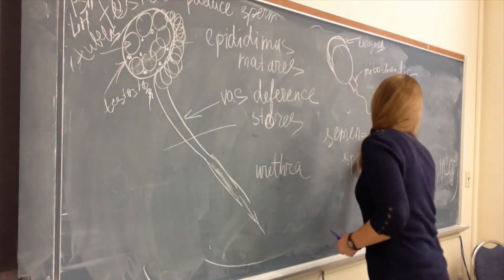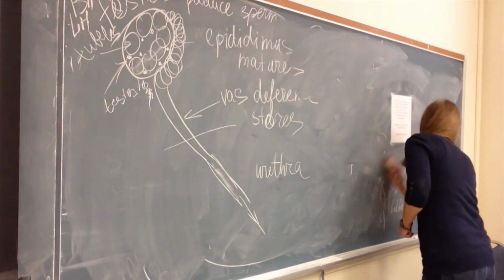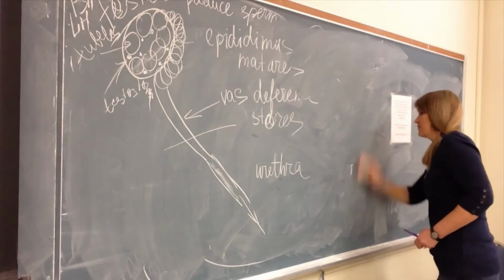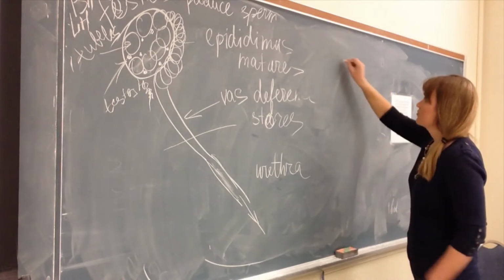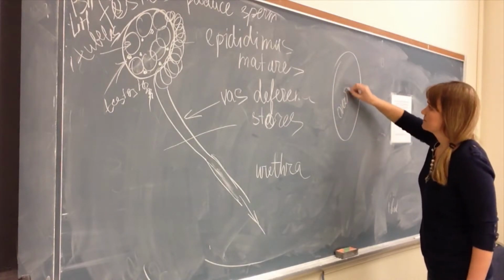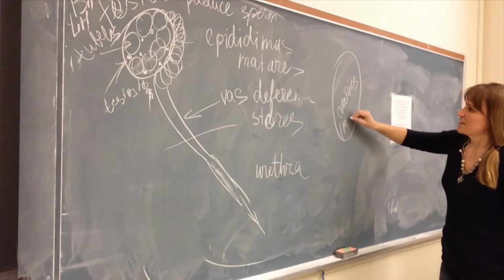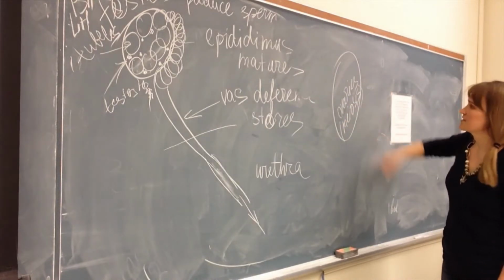Now let's look at the female reproductive system, which might look similar. Here we have ovaries. Once again, meiosis happens here.